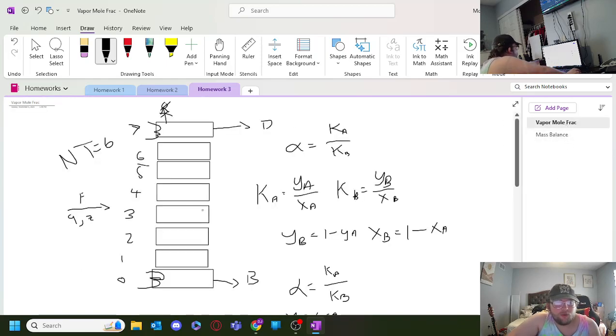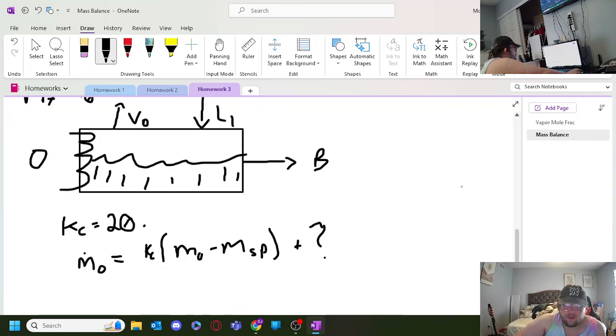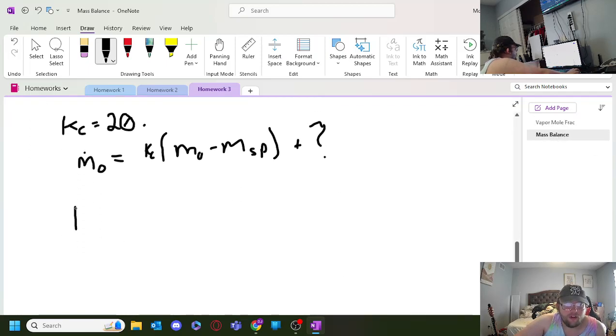So, if you go back here, look at our first diagram, where if you look at the entire tower as a mass balance problem, we have a certain amount of F coming in, and then we have a certain amount of D and a certain amount of B coming out. So in order for this to not accumulate anything, D and B have to be equal to F. If we go down here, F has to equal the distillate plus the bottoms.